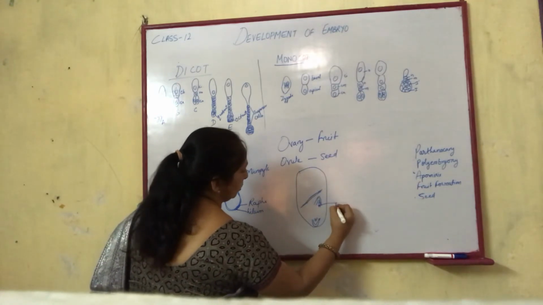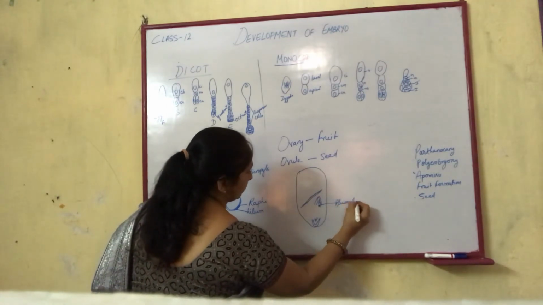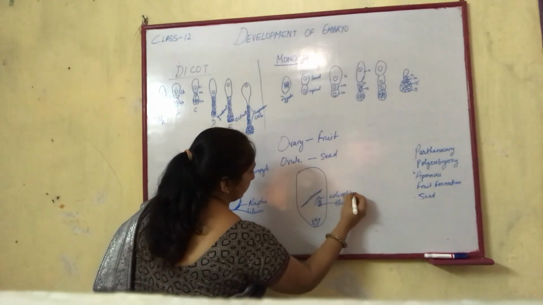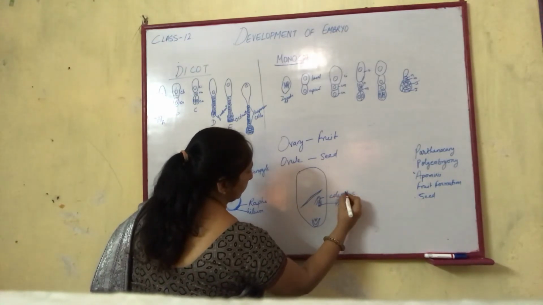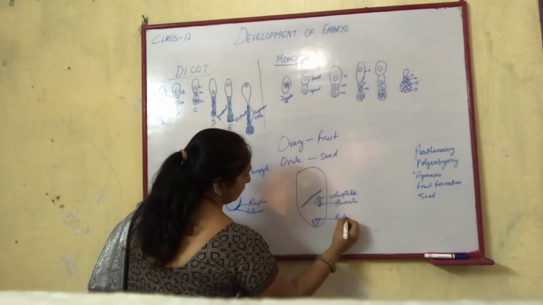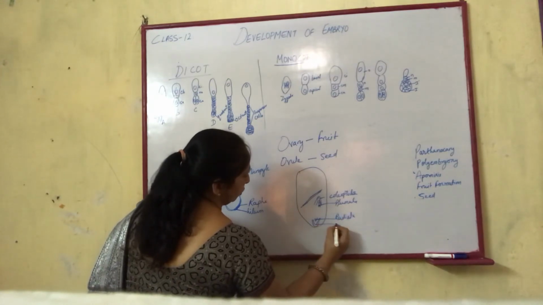Here the plumule is covered by the coleoptile. This one is the radicle and coleorhiza.